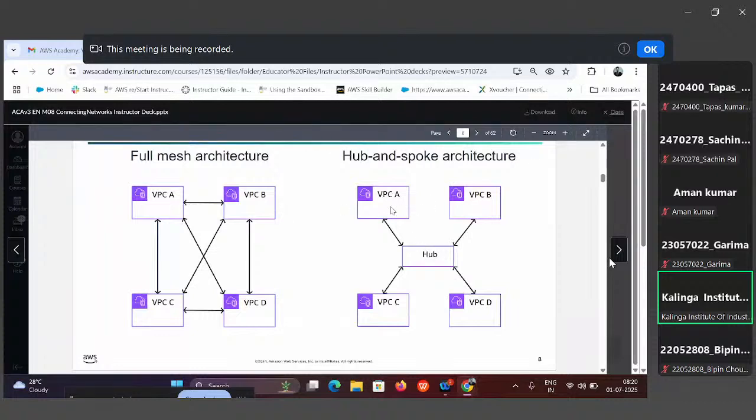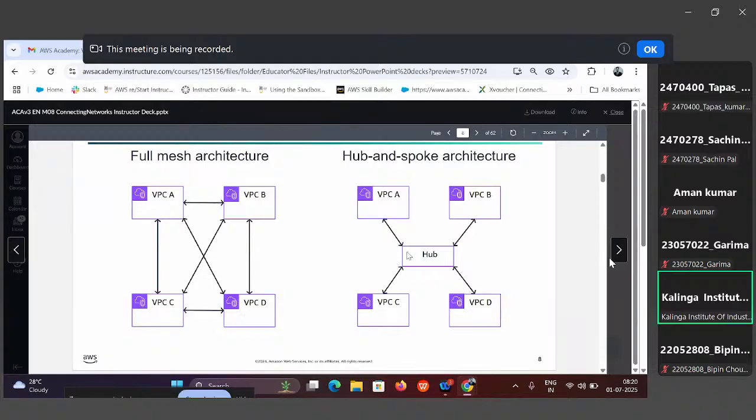VPC A, B, C, D, nobody will connect, and no VPC will be able to connect to any other VPC. They are all connected to the central device, and if the central device is not responding, it means the entire communication will stop. The entire communication will fail in this particular situation.